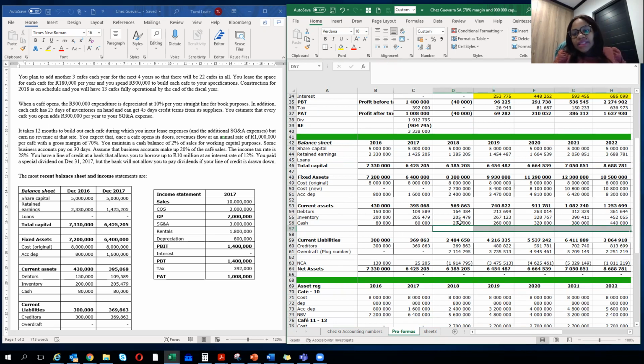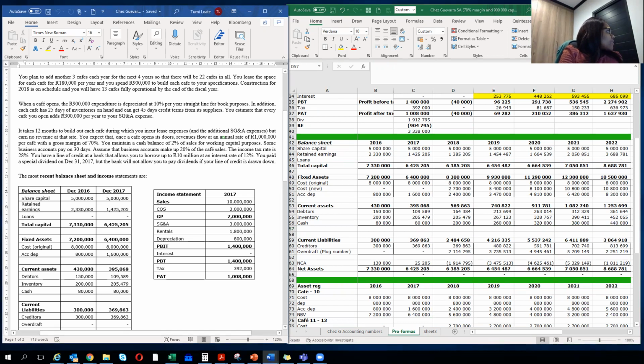Cash, quite easy to calculate. All they've told you is that it's 2% of your sales. Okay, now we need to calculate what our debtors and what our inventory balance is. Okay, our debtors, if we go back to the question, I want to highlight here that it says 25 days of inventory, so I'm going to highlight that in red. 45 days credit from suppliers, creditors, and then we've got 30 days of our business accounts, but those only make up 20% of cash sales.